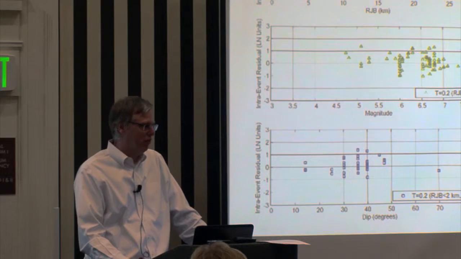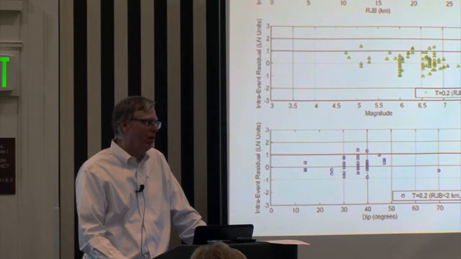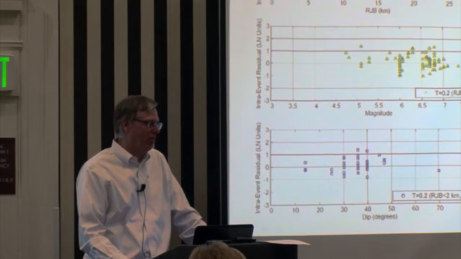But I guess the smaller the magnitude, the more accurate the point source representation of depth. If you think of it that way, you get a more pure representation of a single depth or depth range. And we use top of rupture on all of these, so those small magnitudes are essentially points.